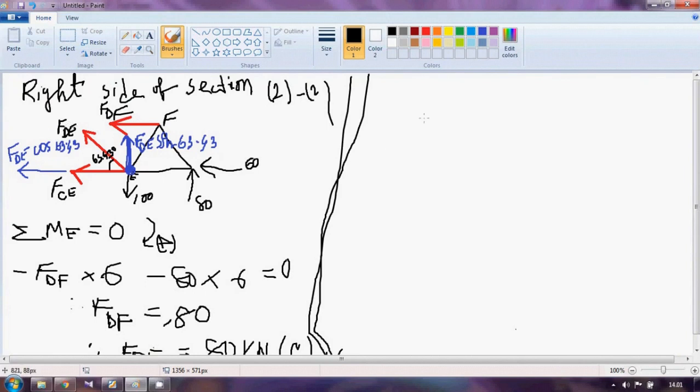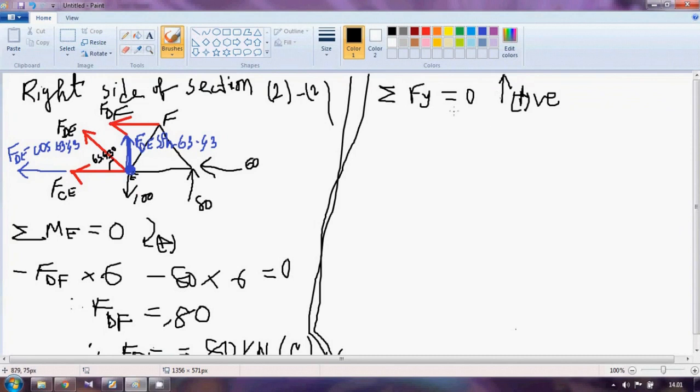So first take summation Fy equals to 0, with the upward direction positive. I can determine F_DE. Then I will take summation Fx and determine the member force F_CE.